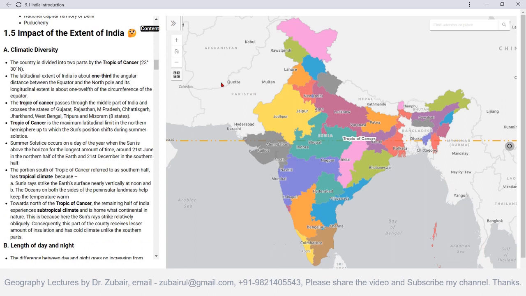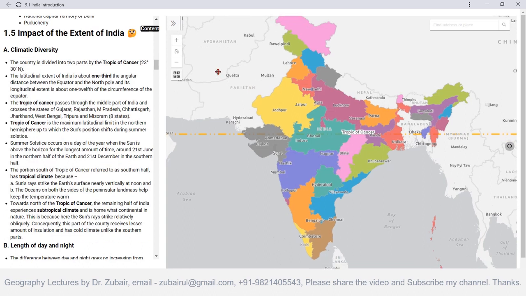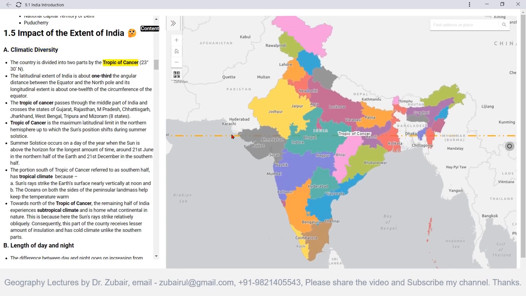Now let's talk about the impact of the extent of India. Here in this map, you can see that the first impact of the extent is climate diversity. You can get an idea of climate diversity with the Tropic of Cancer, because the Tropic of Cancer is the line passing through the middle, dividing India into two halves. The upper part you can call subtropical, and the southern part is tropical India.